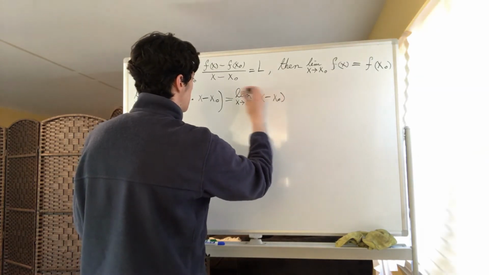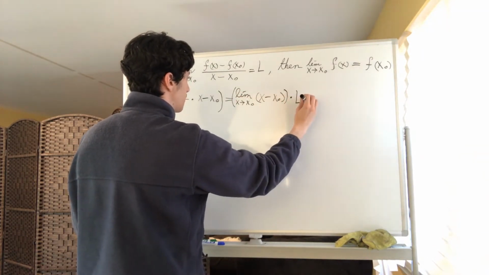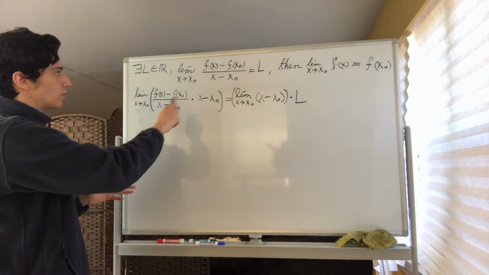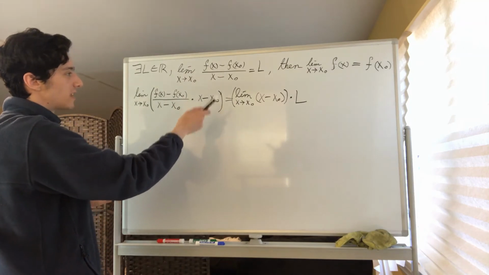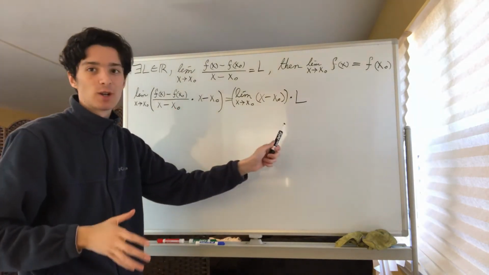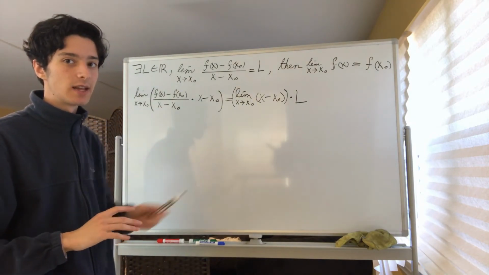And then this whole thing is multiplied by L, right? So we have our derivative, which is equal to L, multiplied by the difference between x and x naught. And so, of course, we need to make sure that this limit actually exists, but we'll make sure this limit exists later.